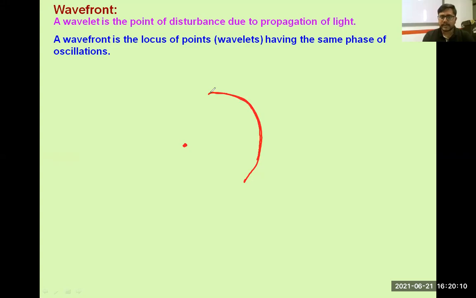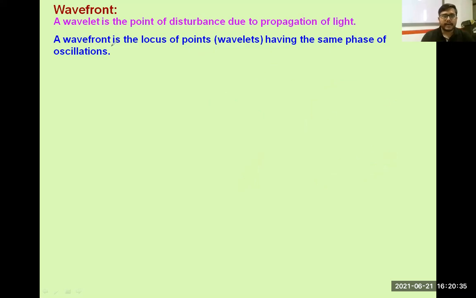Okay, that is the meaning of locus. Like the locus of a circle, you have to draw a circle and show a point, and this point P can only move along this circular path. So you can say point P has a locus of a circle. It means point P can only move in the circular path.